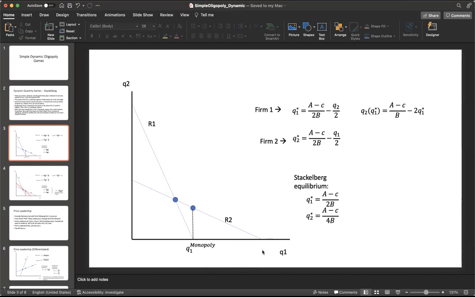Firm 1 can do that, of course. And if it sets Q1 equal to the perfectly competitive output, what will firm 2 do? It will stay out, because if it enters, the price will fall below costs. Does that make sense to everyone? That's an important conceptual insight. Firm 1 could have done this, and that would ensure that Q2 would be 0.